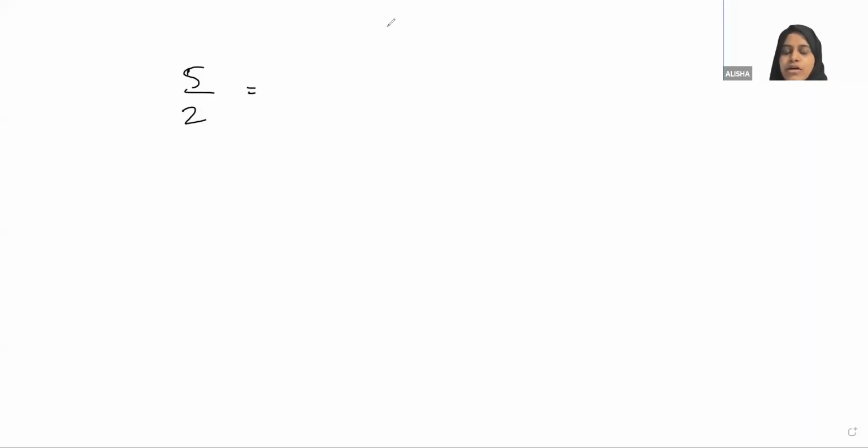Additive inverse is what? Like the answer should become 0. If we add two rational numbers, the answer should be 0. Okay, come back to this.